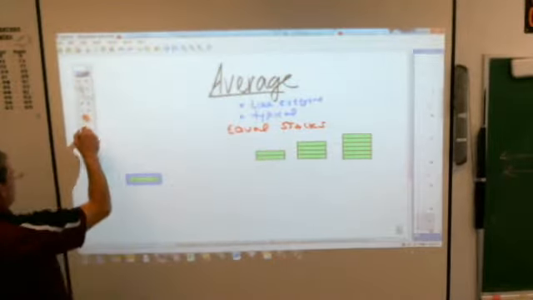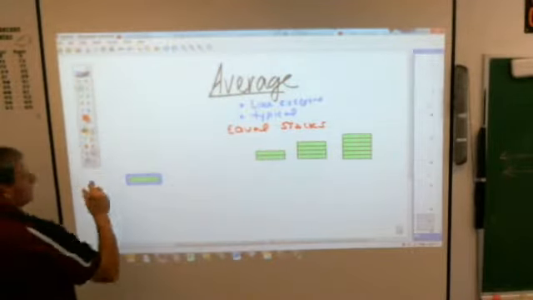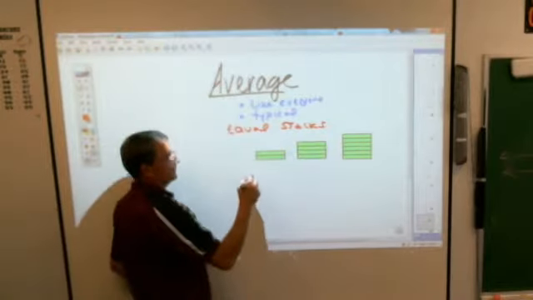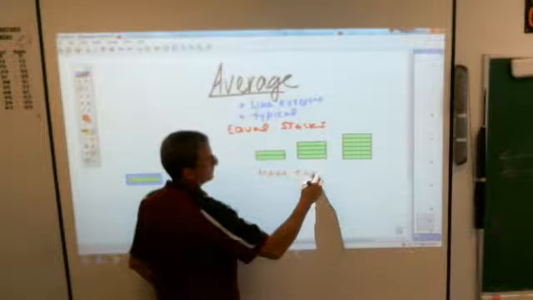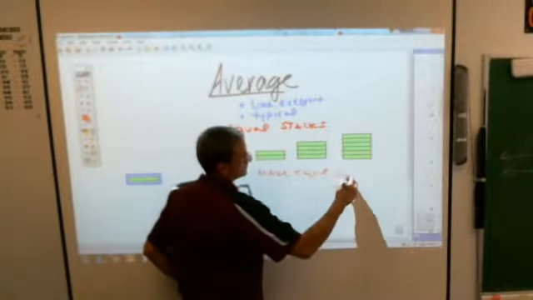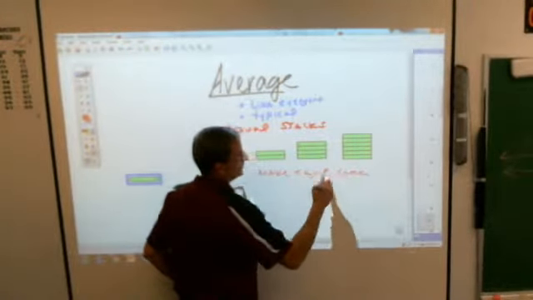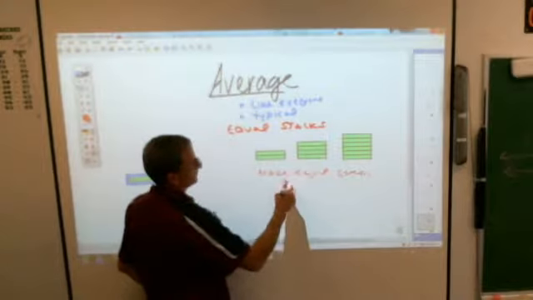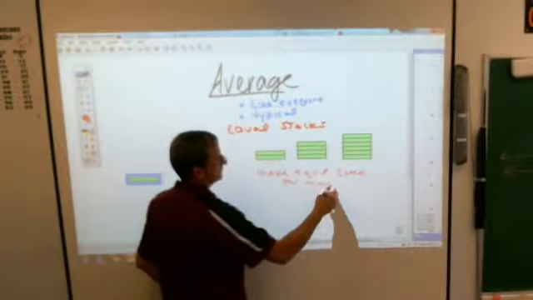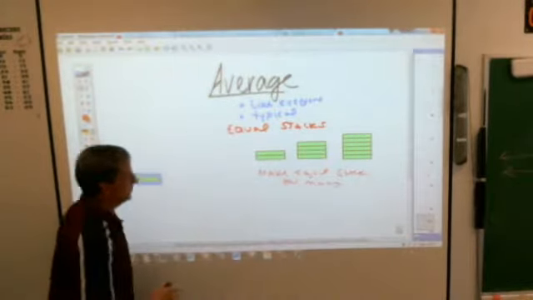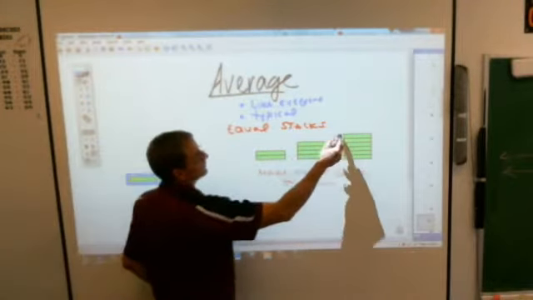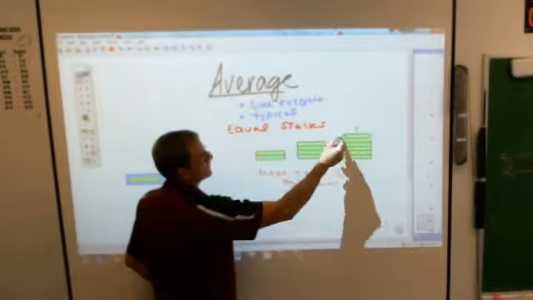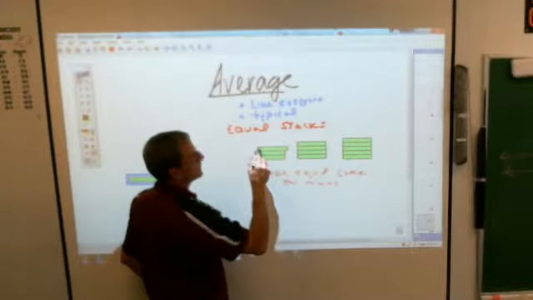If I asked you to make equal stacks, how many would be in each one? Well, in order to do that, what you could do is we take one away from this tall one here, put him on the little guy.